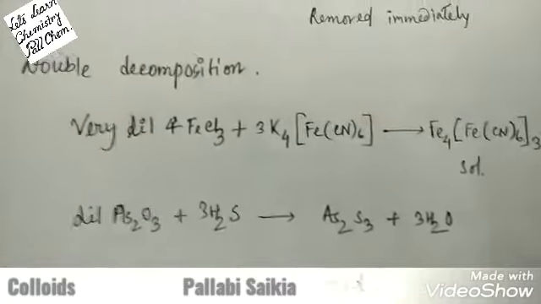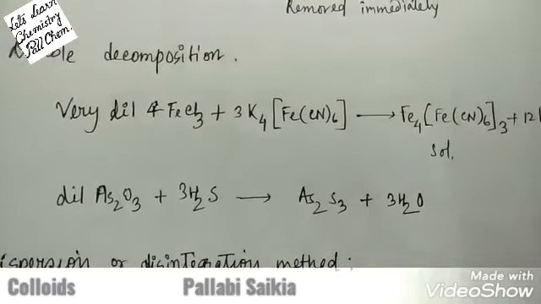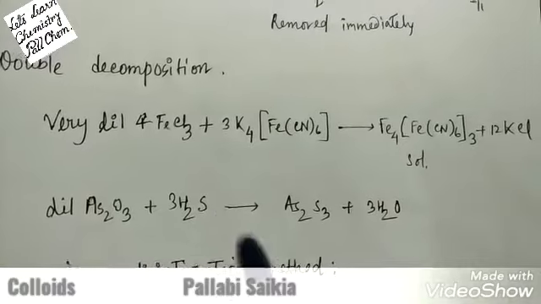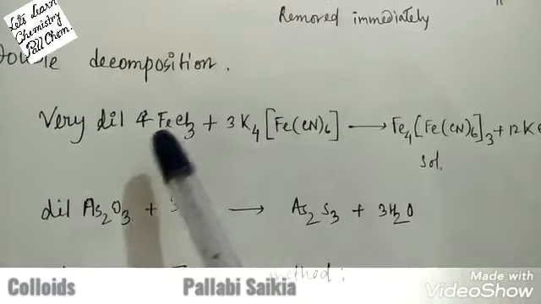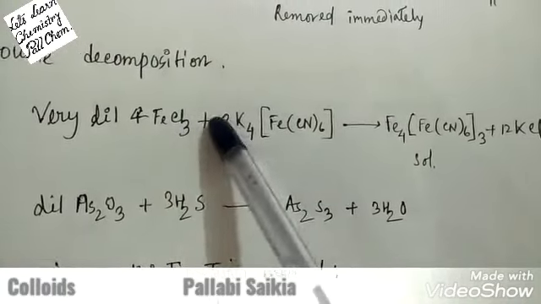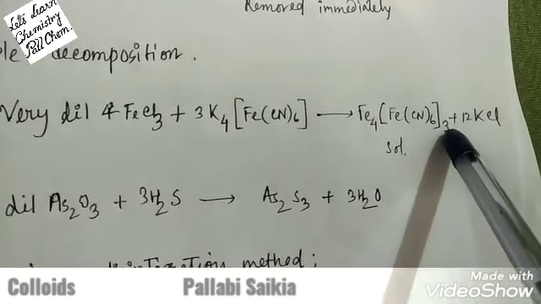Next is double decomposition. In this method, the sol is prepared by combining two soluble salts. For example, very dilute FeCl3 is treated with K4Fe(CN)6, then Fe4[Fe(CN)6]3 is obtained.